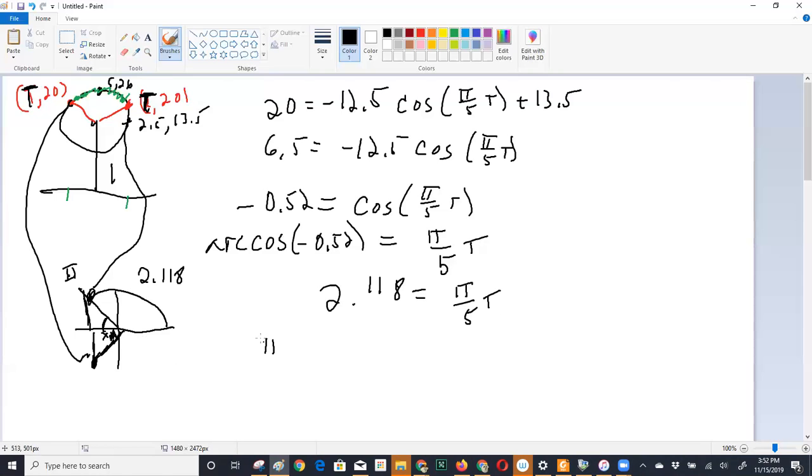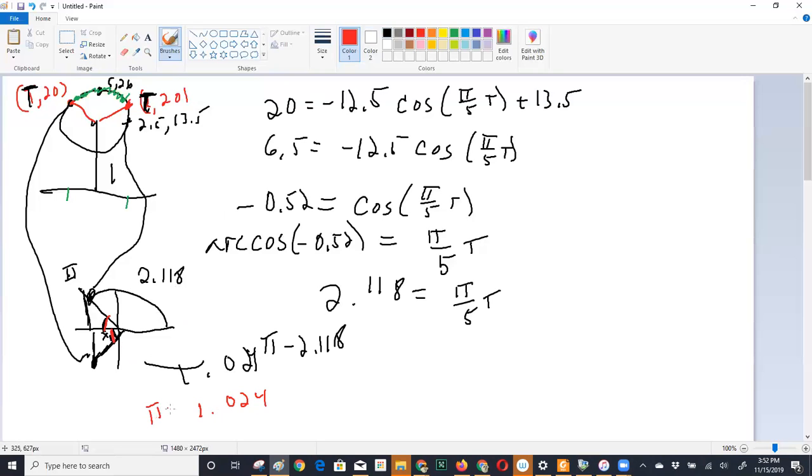So pi minus 2.118 is 1.024. So this reference angle is 1.024, and I know this angle down here is also 1.024 because it's going to be the same.